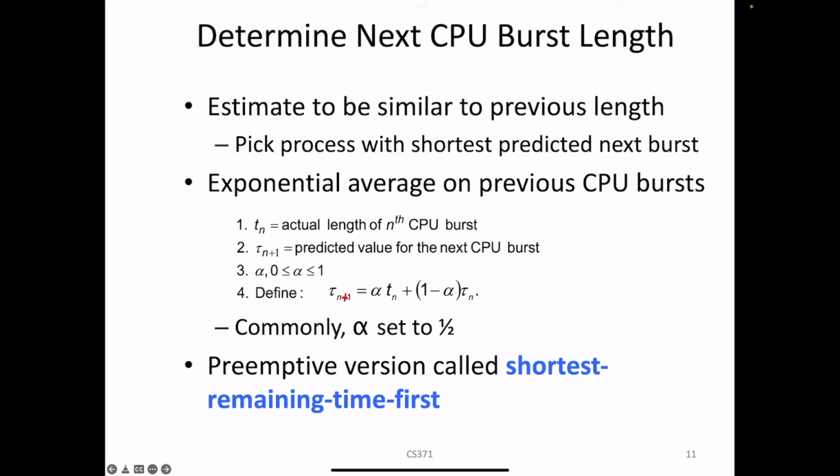Then the next predicted CPU burst time can be calculated with the formula tau n plus 1 equals alpha times Tn plus 1 minus alpha times tau n. It is a linear combination of Tn and tau n. Commonly, we will set alpha to 1 over 2.